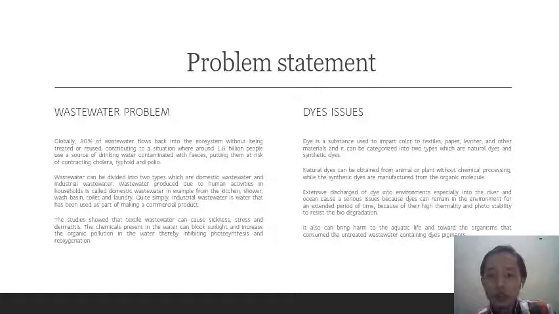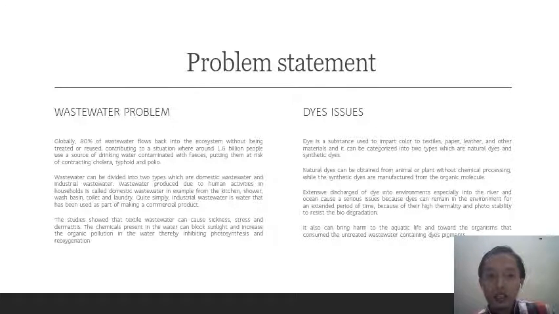Wastewater produced due to human activity is classified as domestic wastewater, for example, from the activity of bathing or laundry. Quite simply, industrial wastewater is water that has been used for the making of commercial products.